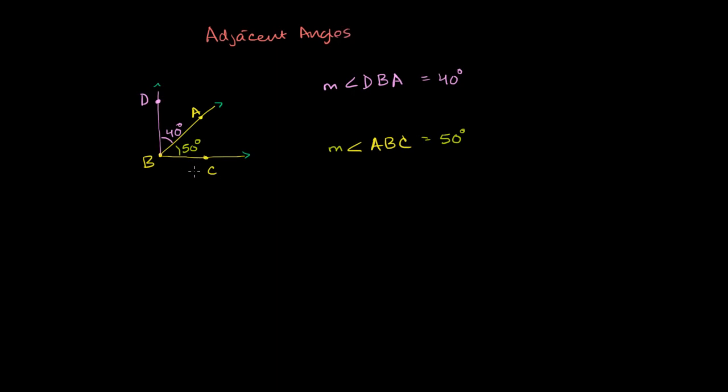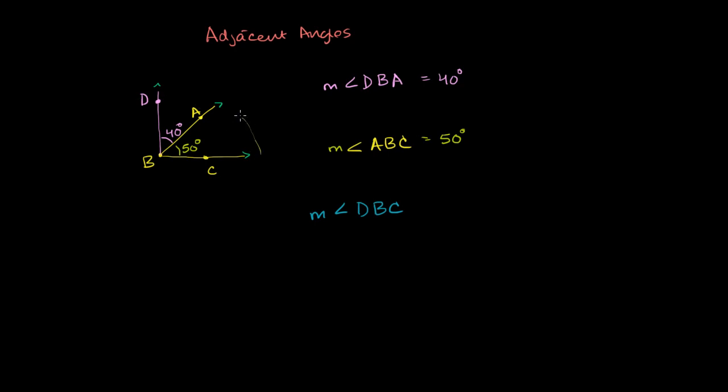Now, there's something else that you might notice that's interesting here. We know that the measure of angle DBA is 40 degrees, and the measure of angle ABC is 50 degrees. And you might be able to guess what the measure of angle DBC is. If we drew a protractor over here, I'm not going to draw it, it'll make my drawing all messy.